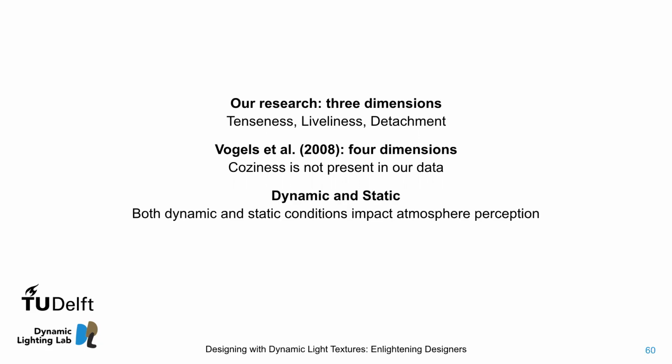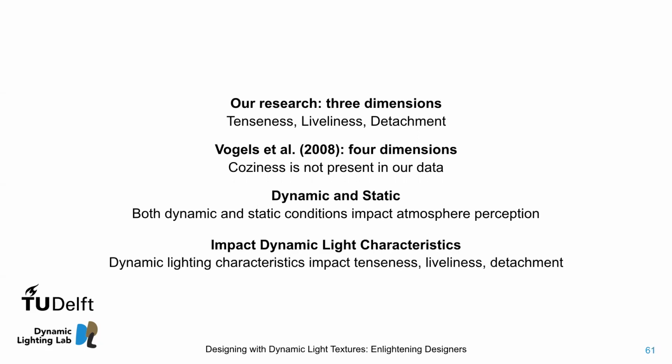We also found that both dynamic and static conditions impact atmosphere perception, combining these 2 researches together. And based on what I have just shown you, dynamic light characteristics, as we drafted them, impact the sense of tenseness, liveliness, and detachment of an atmosphere.